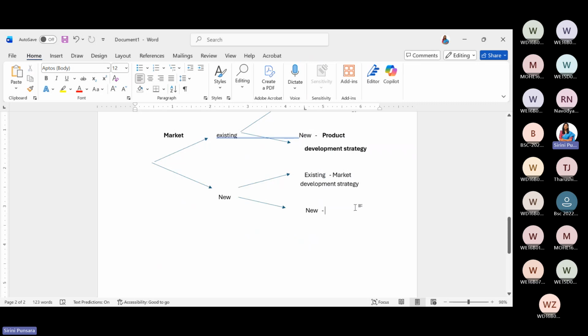Then if we are going with new market with new product, we do have diversification strategy.